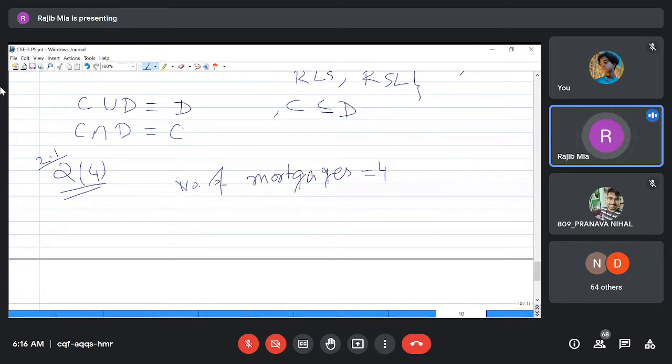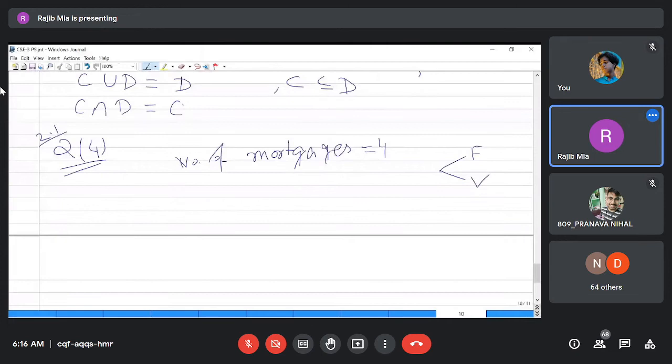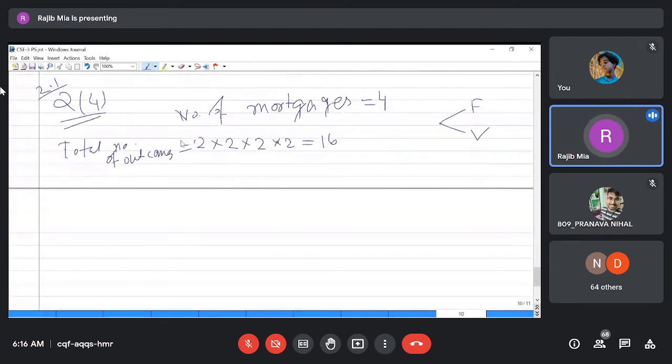There are two possibilities, either fixed rate F or variable rate V. So for the first mortgage, the possibility is 2, fixed or variable. For second also 2, for third also 2, and for fourth also 2. So the total number of outcomes is 16. Okay. So draw the tree diagram for this experiment.